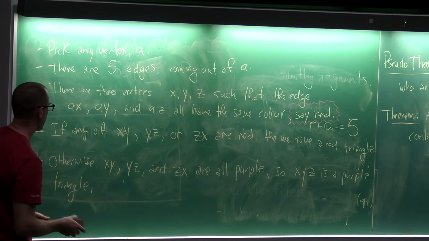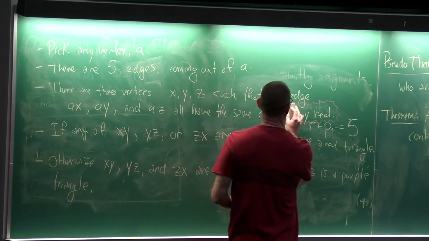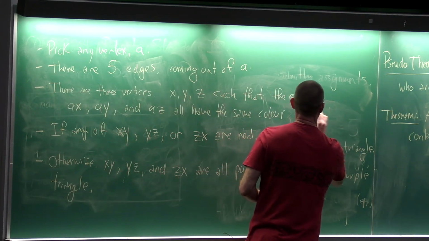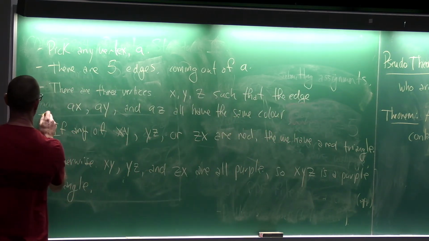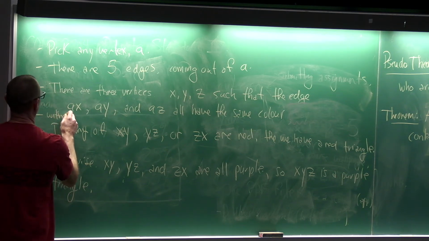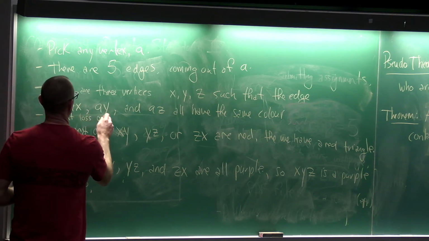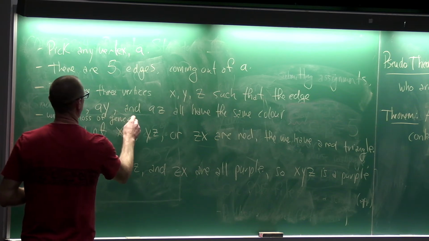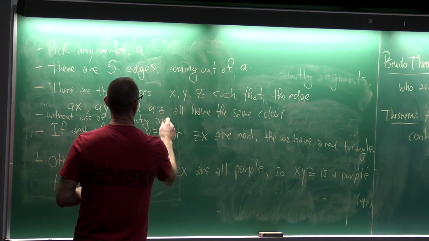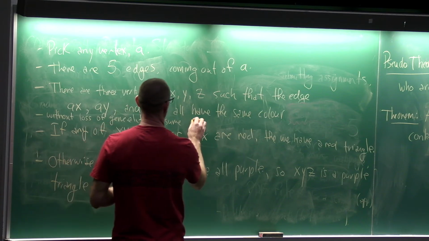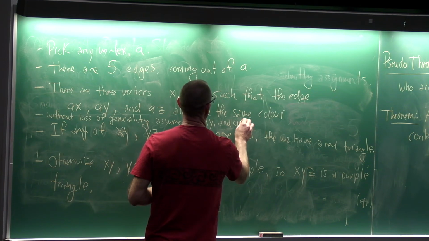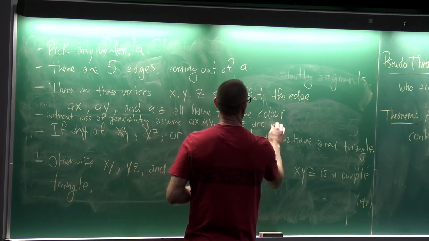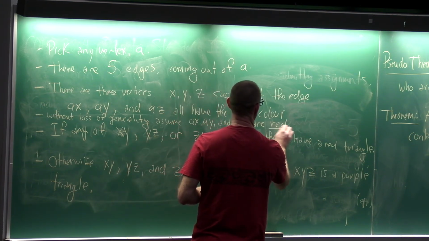So let's back up a little more and make this a little bit more precise and say, without loss of generality, assume AX, AY, and AZ are red.